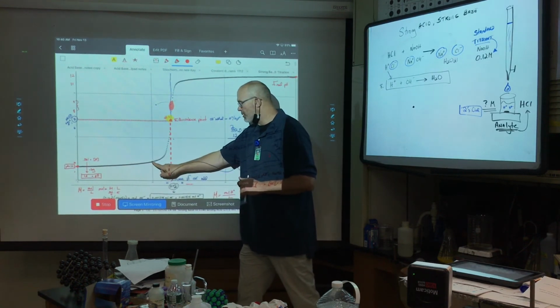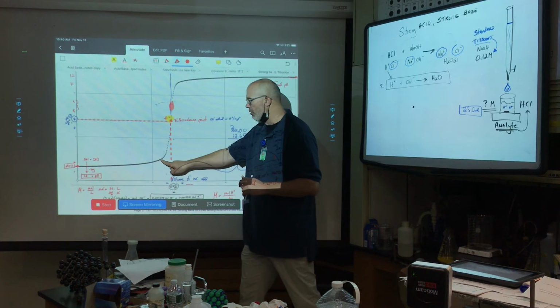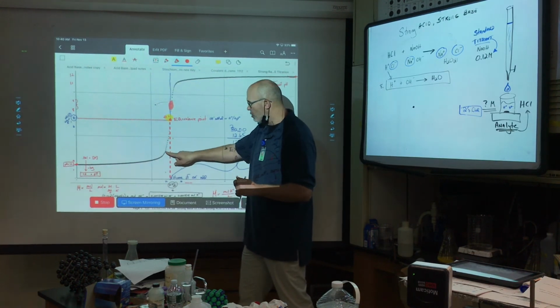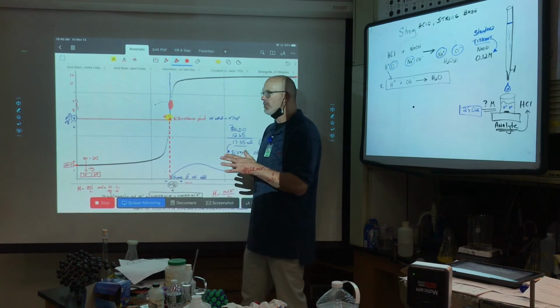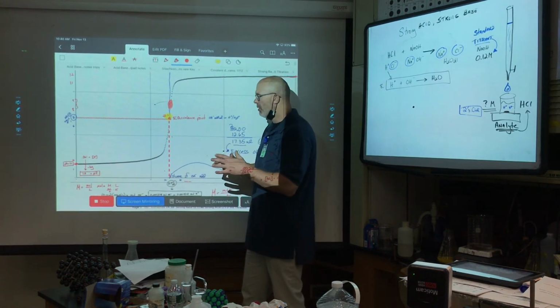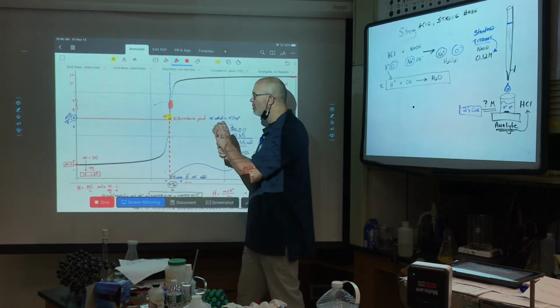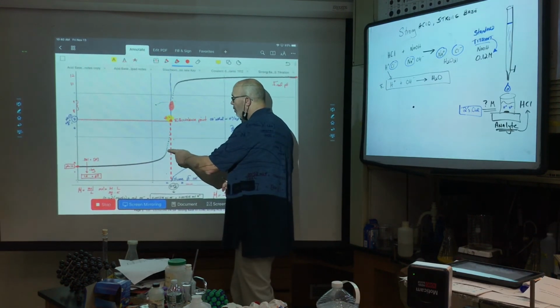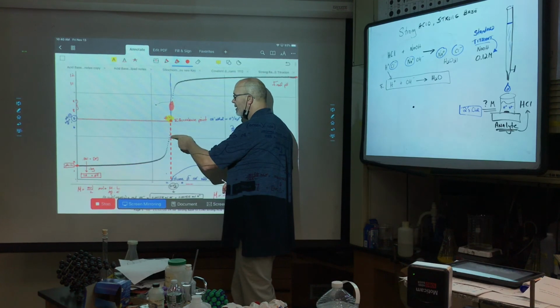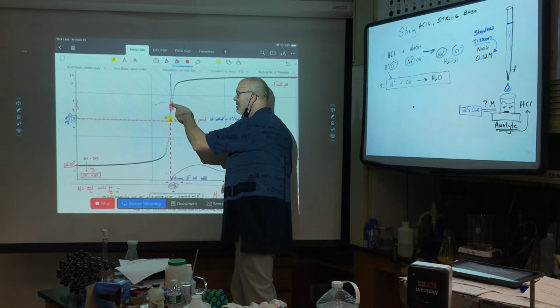Adding another drop, it was disappearing, and then of course it was getting darker and darker. Because we're adding drop on top of a drop, we didn't get a chance for the color change to disappear. So when we do use an indicator, and we will, the color will only persist after 30 seconds in this region.